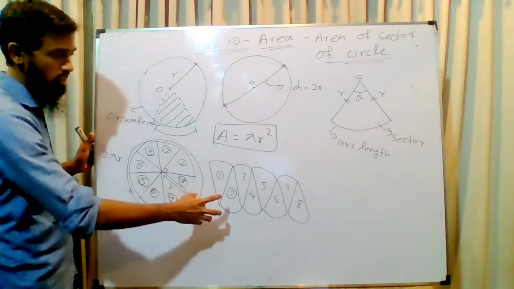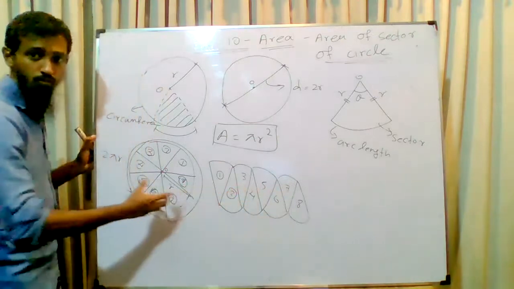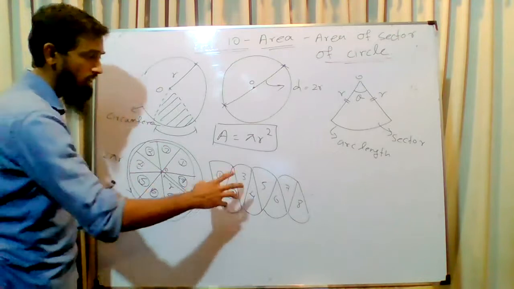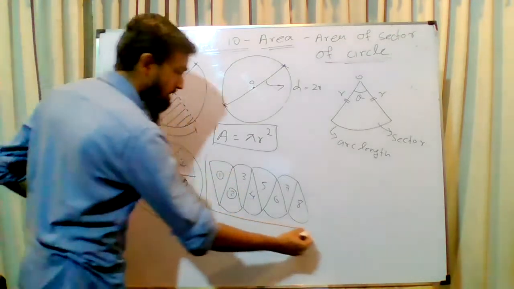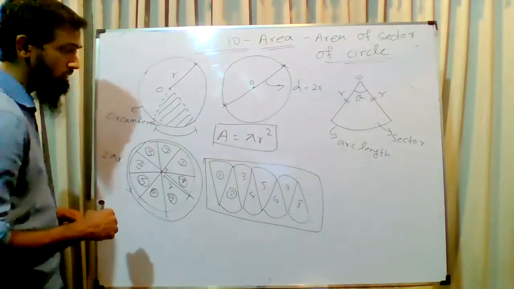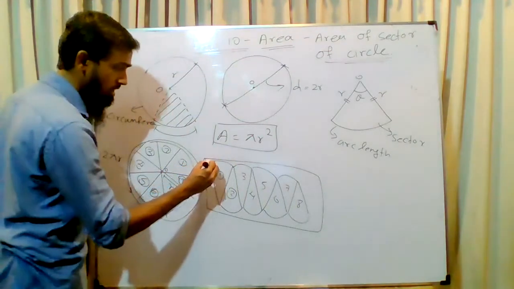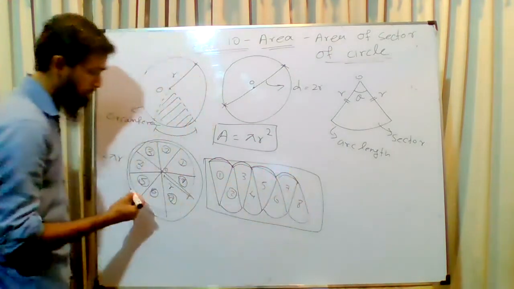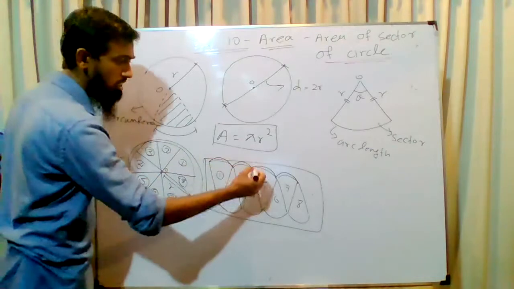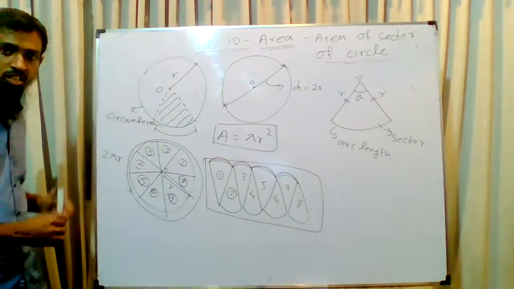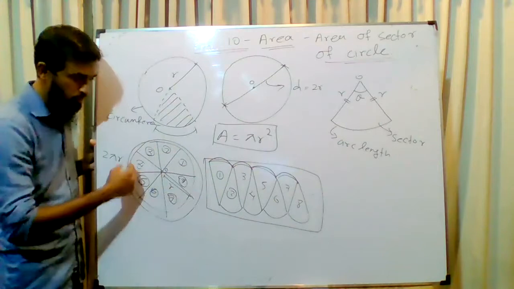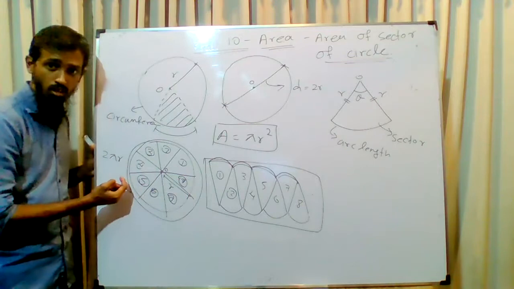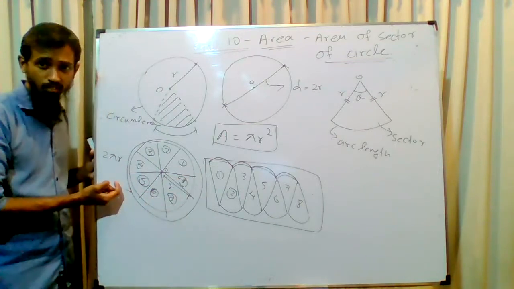If you observe this figure, we divided the circle into 8 portions and made it in the shape of a rectangle. Four of the 8 arc lengths mean half of the circle, half of the circumference.